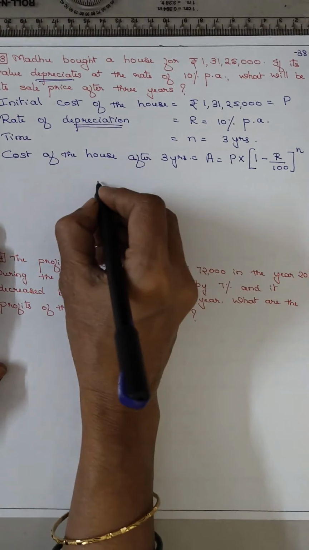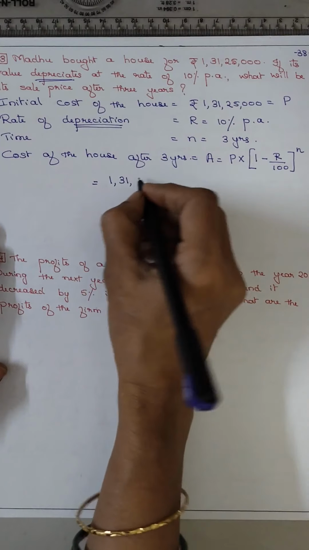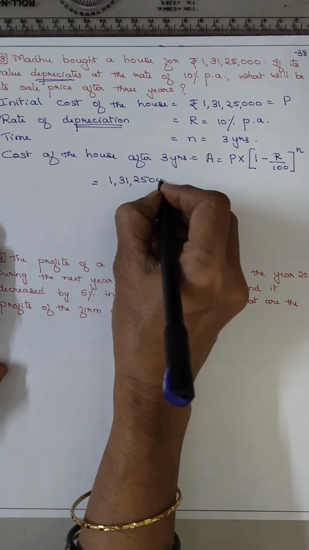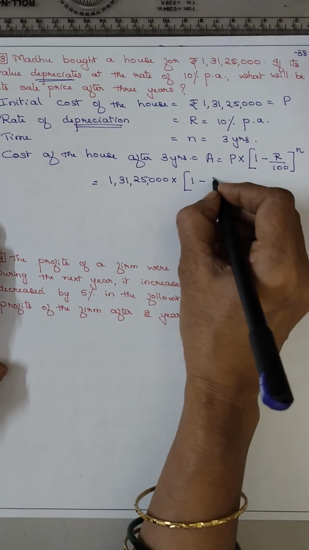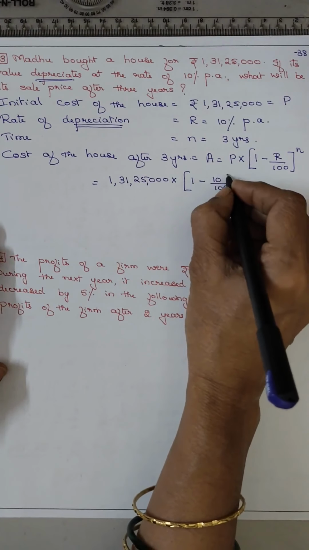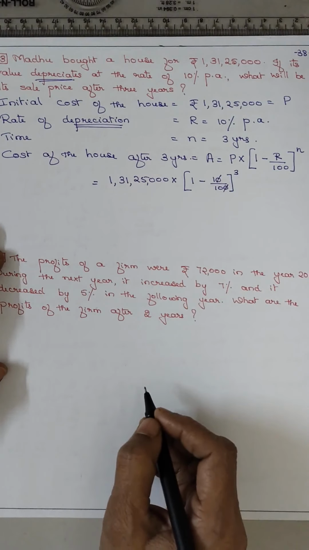Clear? Now put the values 1 crore 31 lakh 25,000 into 1 minus 10 upon 100 the whole raised to 3. The 0s get cancelled.